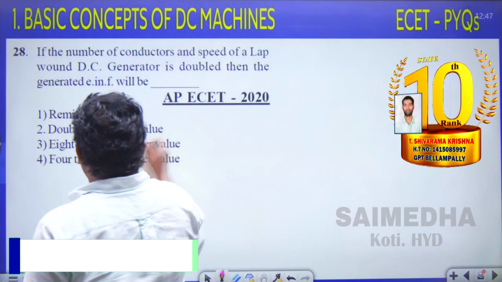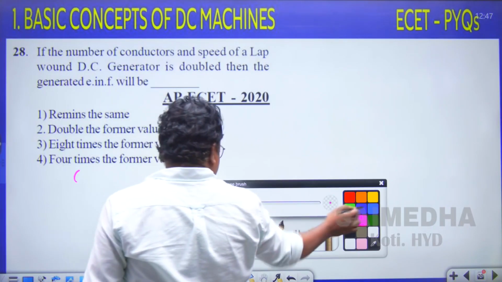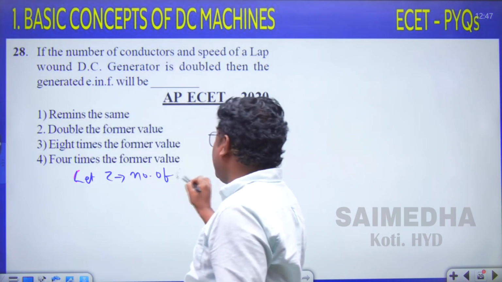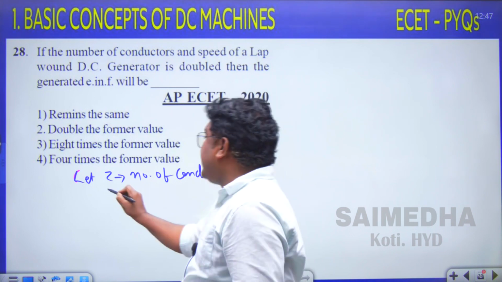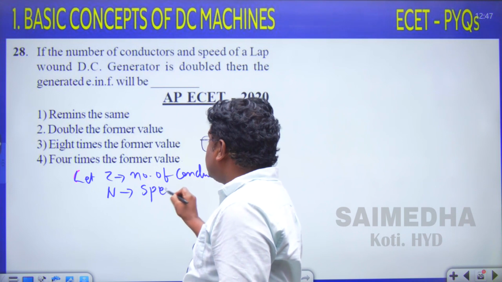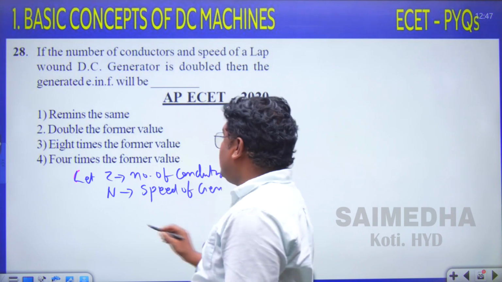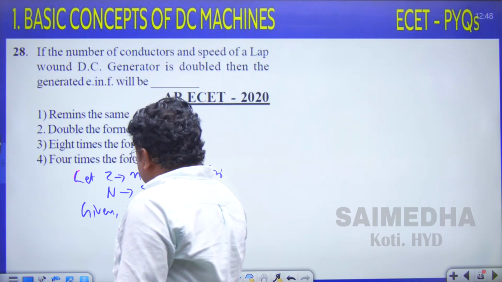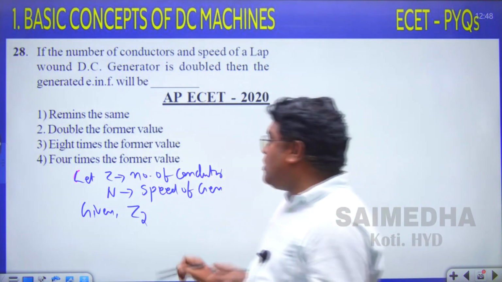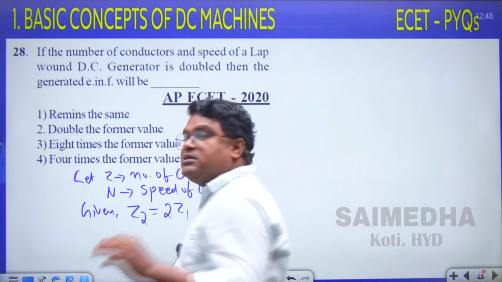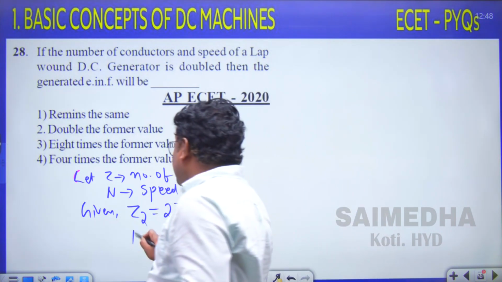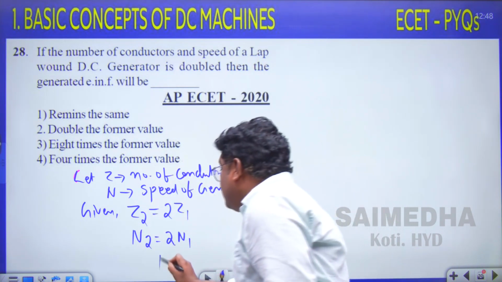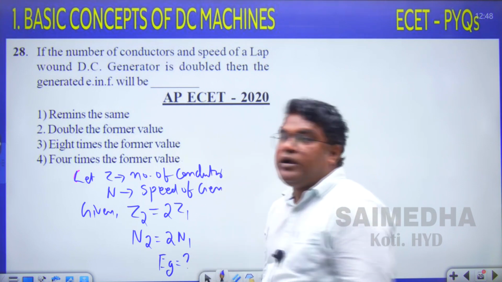Now let us assume Z is the number of conductors and N is the speed of the generator. As given in the question, the number of conductors is doubled, that means Z2 is equal to 2 times Z1, and also the speed N2 is equal to 2 times N1. So this is given, and we require the generated voltage of the generator.